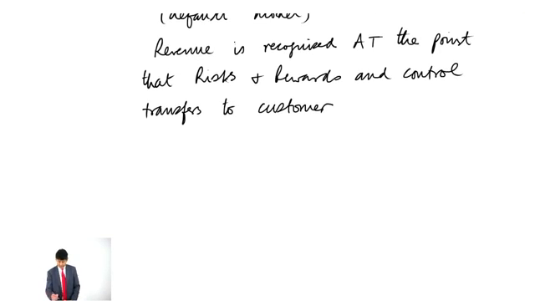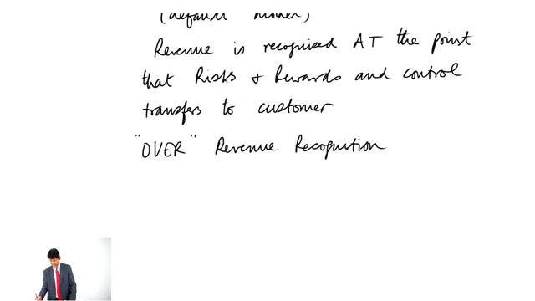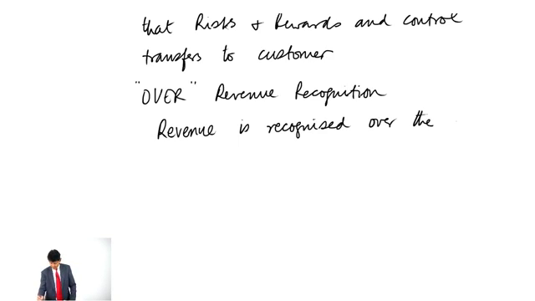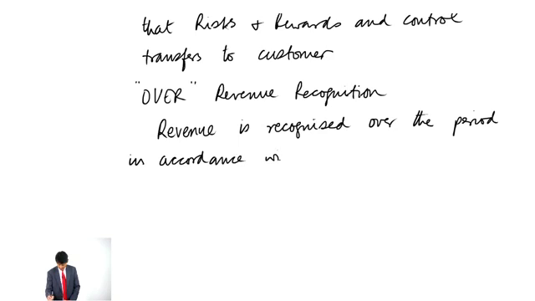How about the over for F7? This is probably the more likely. Over time revenue recognition. So I'd like you to write revenue is recognized over the period in accordance with completion.